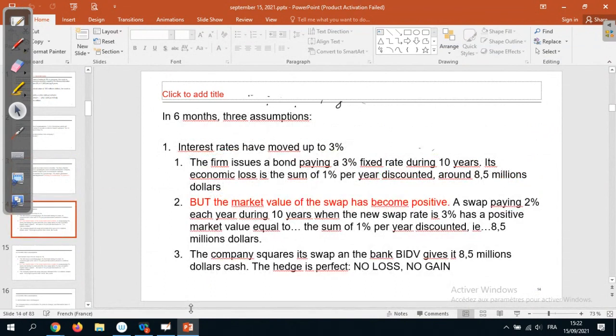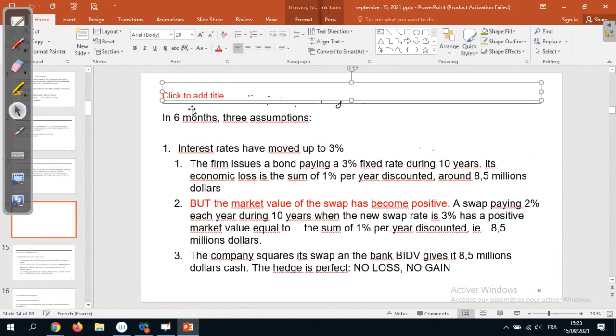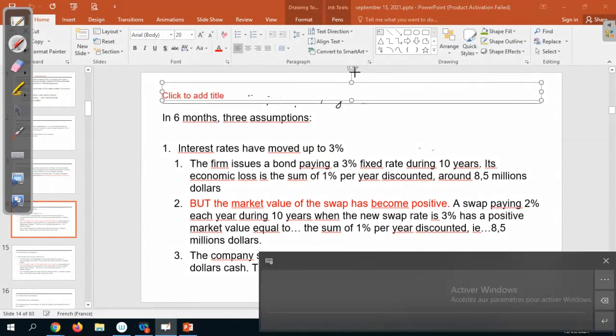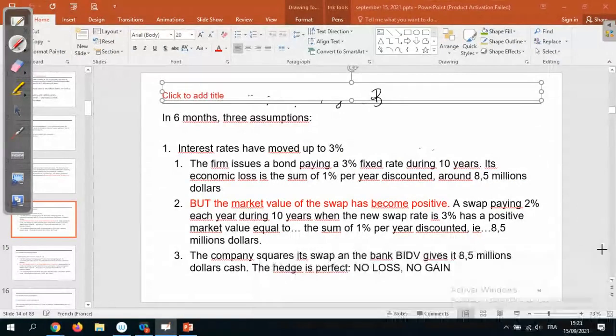Interest rate has moved up to 3%. 6 months before, they were at 2%. Are you happy when you issue a bond? You are not happy.